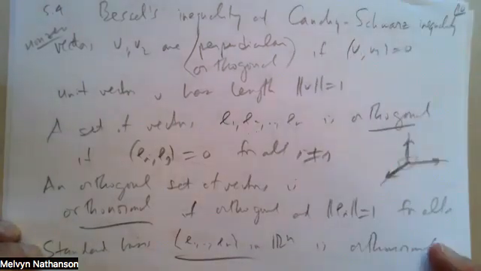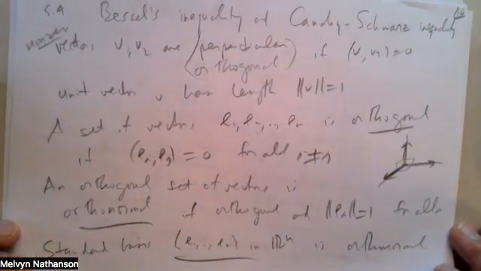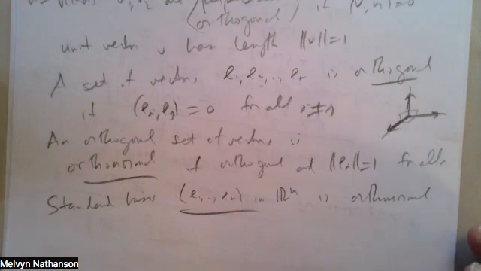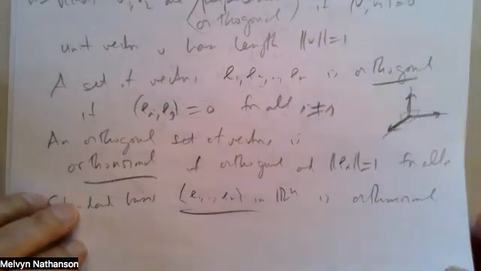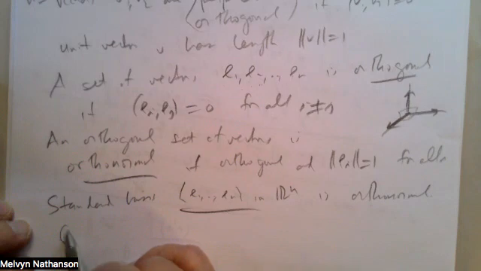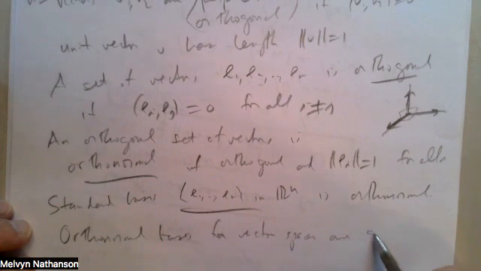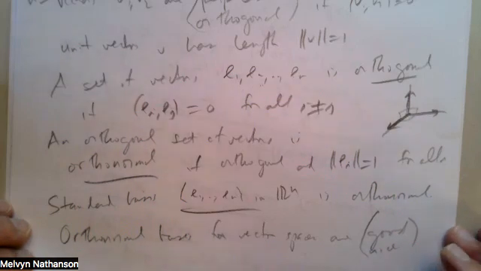And so that's very nice, an orthonormal basis. And in fact, there's a method, given any basis for a finite dimensional vector space with an inner product, to build from it an orthonormal basis. So orthonormal bases for vector spaces are good or nice, something that's easy to work with.